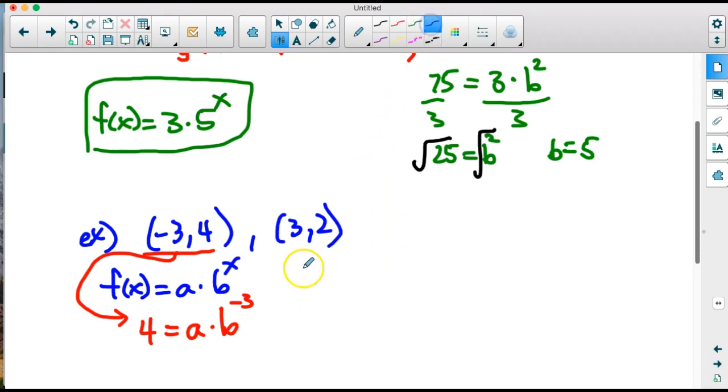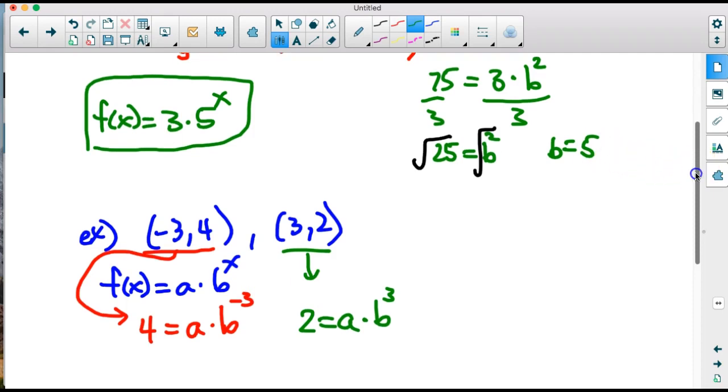And our second point, plugging it in, is going to be 2 equals a times b to the third power, because that's 3. Now, the substitution I would say would be the easiest here is to solve one of them for a and then just plug it in.